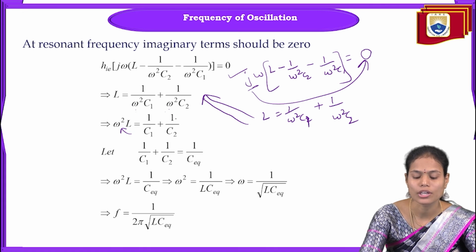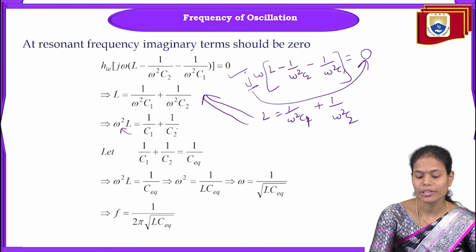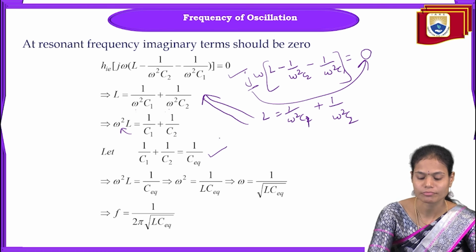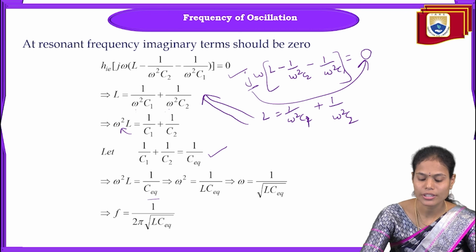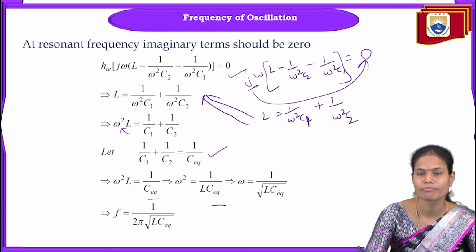So omega square L equal to 1 by C1 plus 1 by C2. I am letting this overall 1 by C1 plus 1 by C2 be 1 by C equivalent. If we take it that way, omega square L equal to 1 by C equivalent, or we can write omega square equal to 1 by L C equivalent, and omega equal to 1 by under root of L C equivalent.